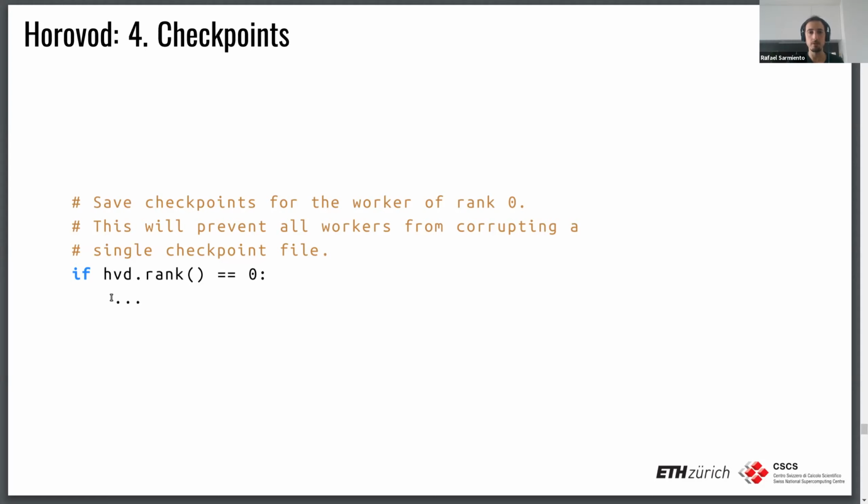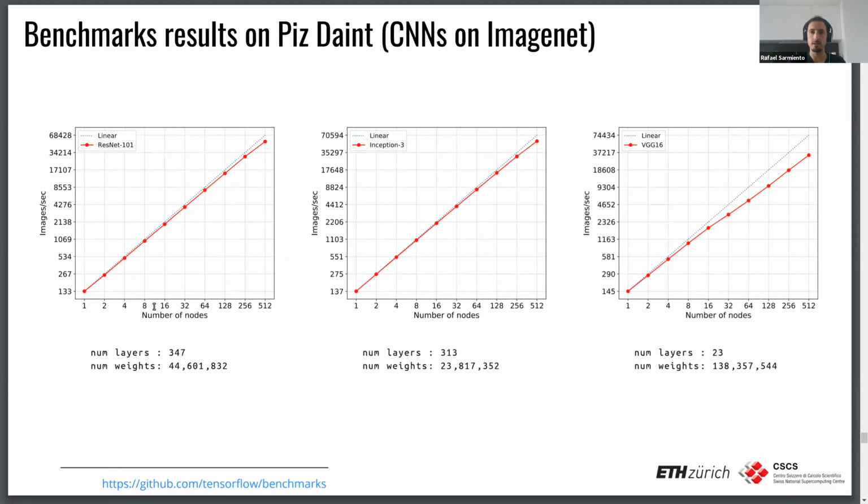So you can do if horovod.rank equals 0, and then you put there your save model or whatever you need to save. And that's it. These are the things that need to be done to distribute with Horovod.